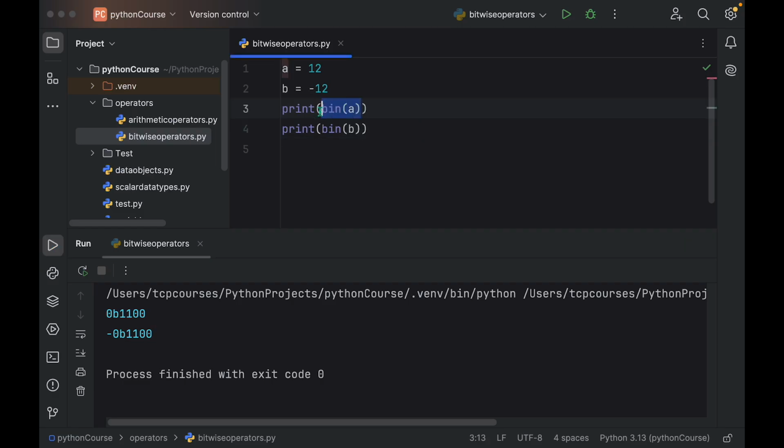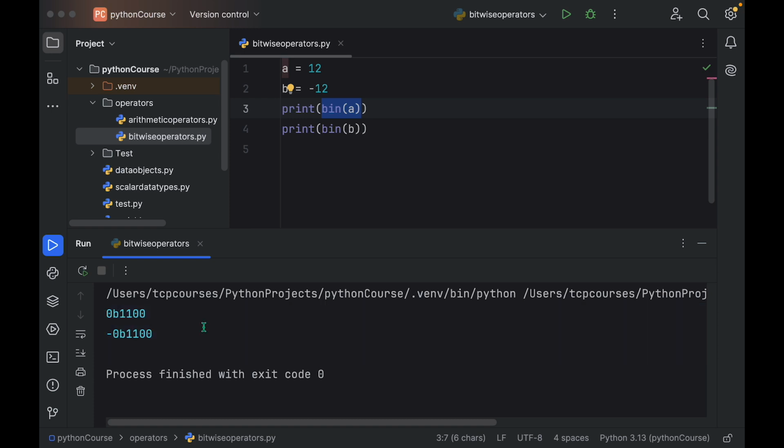So Python's bin method gives this representation so that it is much easier for us to read. 1100 is 12. So 0b1100 indicates plus 12 and minus 0b1100 indicates minus 12. But this is not how the integers are actually stored. They are stored in 2's complement representation, which we have seen before.